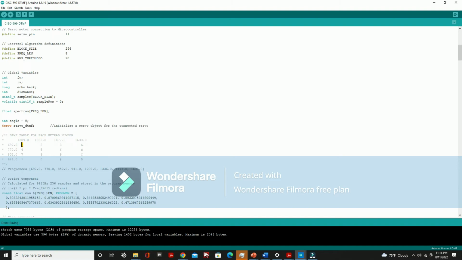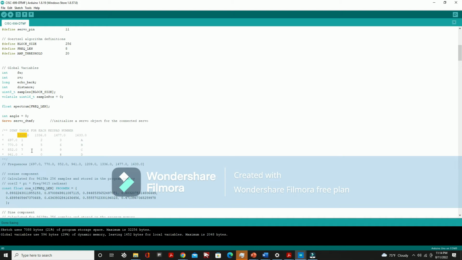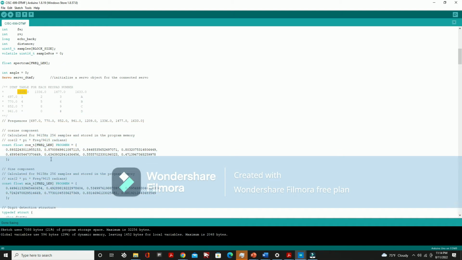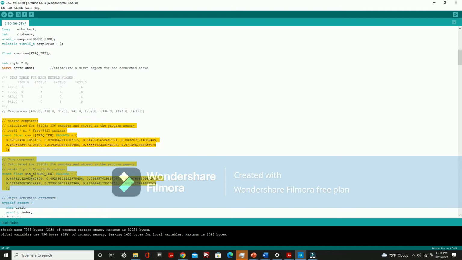For example, keypad 1 has a lower tone of 697 Hz, and the higher tone is 1,209 Hz. I'll explain this cosine and sine component when I go through the main Goertzel algorithm code.